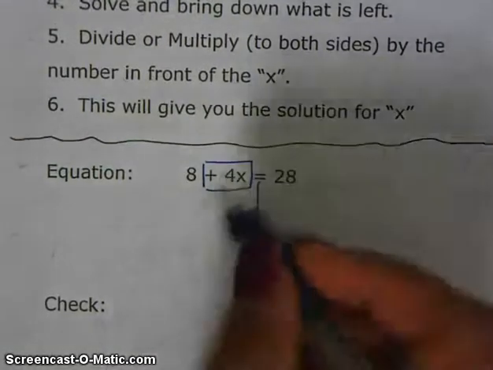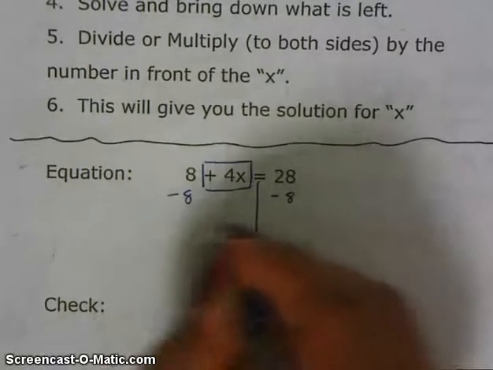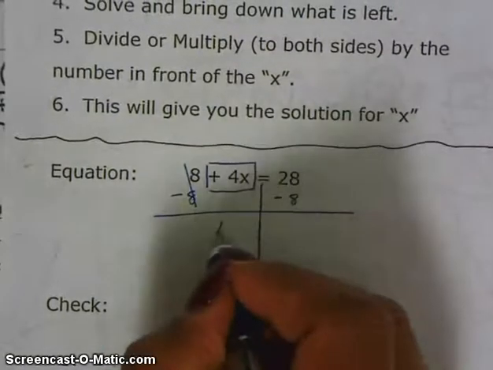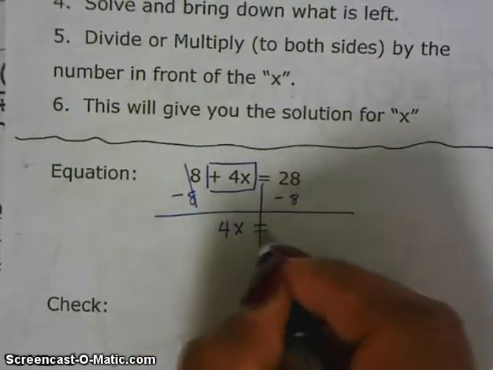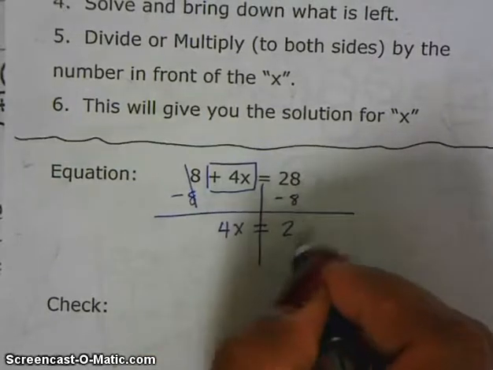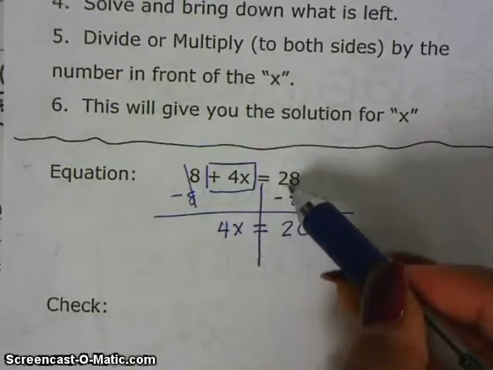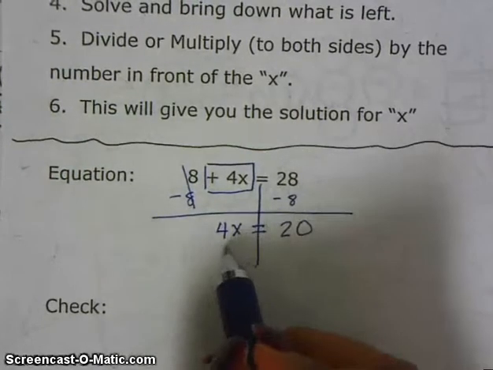And so since it is a positive 8, I'm going to subtract 8, and I'm going to do this from both sides. When I do that, the 8's will cancel. I will bring down my 4x, and 4x is going to equal 28 minus 8, which is 20. Okay, when my signs are different, it is a subtraction problem, and I take the sign from the larger number. Okay, so here's the second step.